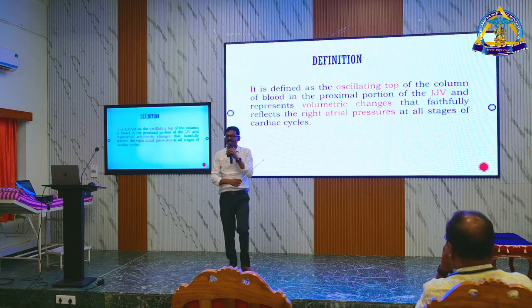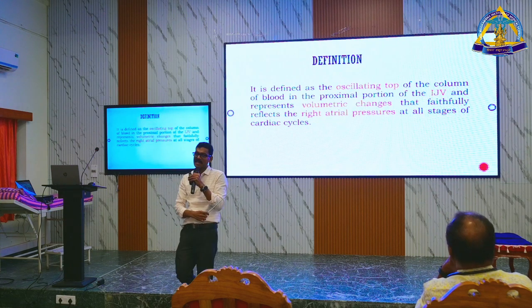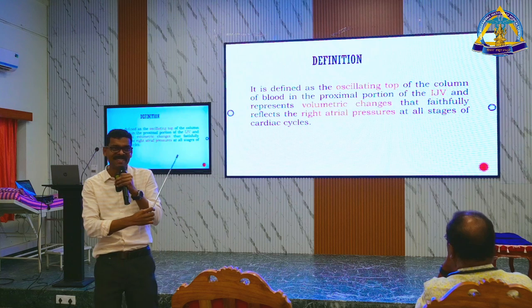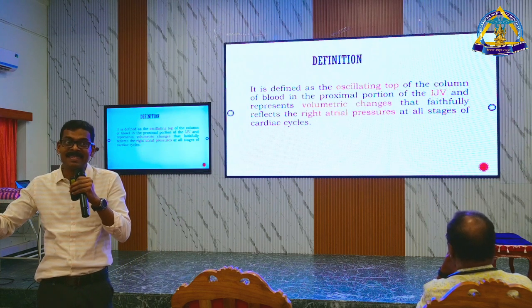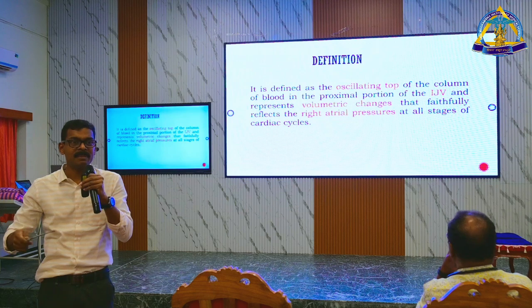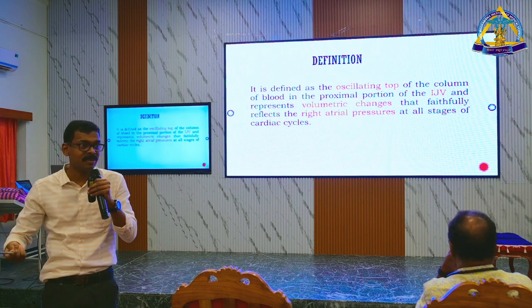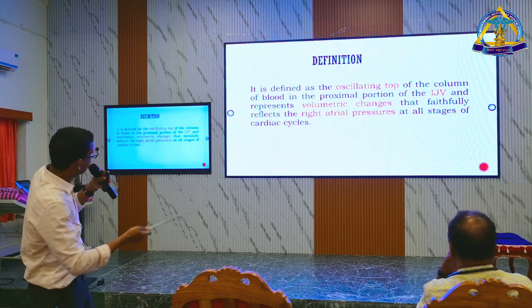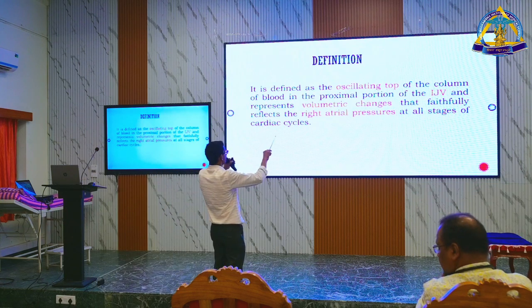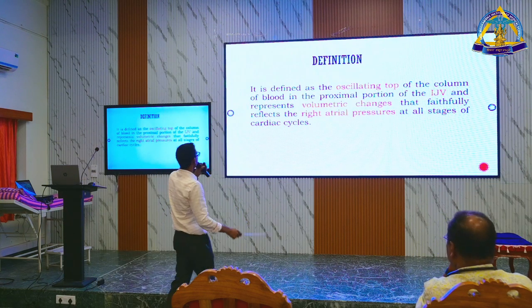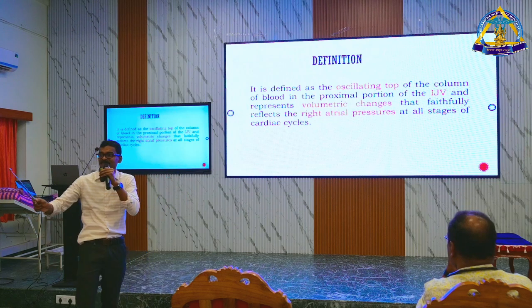This is the worst part of it. I don't like this definition. So that's why I put the definition a little later. I wanted you to understand the concept rather than defining and mugging up and then just regurgitating in the examination hall. You understand? So I will read it for you. It is defined as the oscillating top of the column of blood in the proximal portion of the IJV and represents the volumetric changes, not the pressure change.